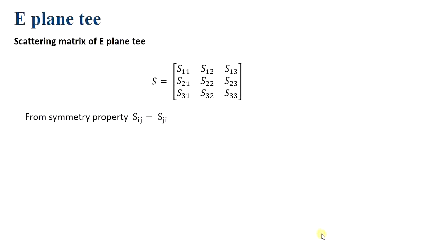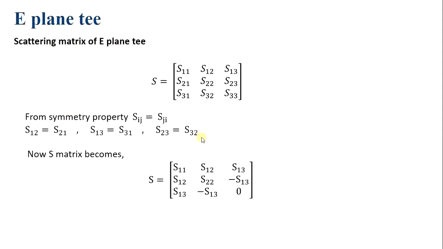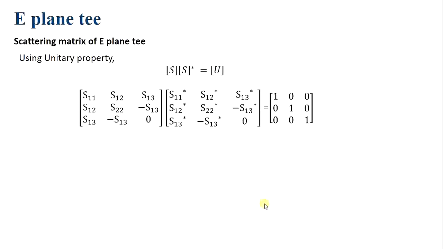Now from the symmetry property, that is we know Sij is equal to Sji, we can write S12 equal to S21, S13 equal to S31, S23 equal to S32. Now after putting those values, we get this new S matrix. Now we will use the unitary property, that is S into S conjugate is equal to the unit matrix.